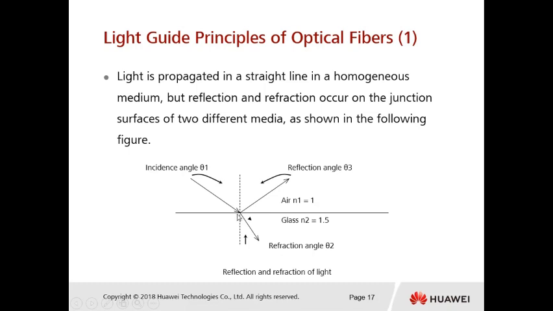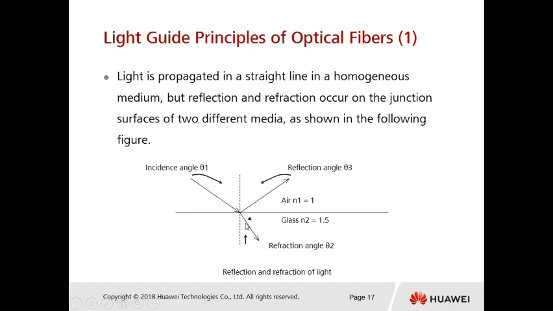First of all, at this place you will have a reflection, and the incident angle here must be equal to the reflection angle. But another thing will happen, which is refraction. Because the refractive index of the air is smaller, the refraction angle here must be larger than this one.